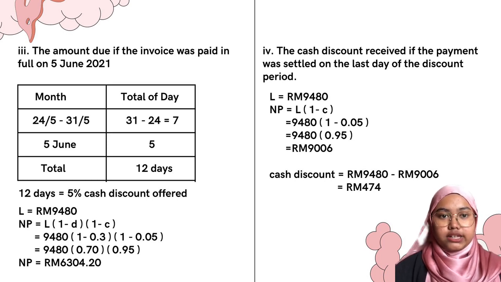So we get the net price equal to 9,006 ringgit. For the cash discount, we need to subtract the net price from the list price: 9,480 ringgit minus 9,006 ringgit. So for the cash discount, we got 474 ringgit.